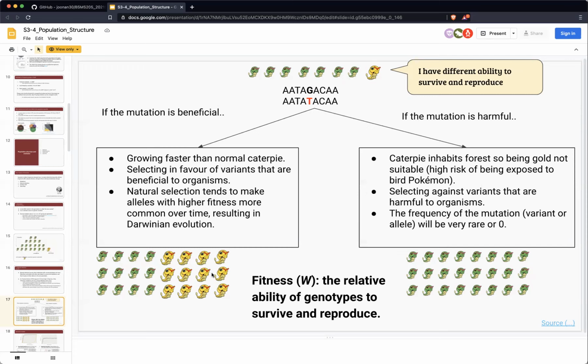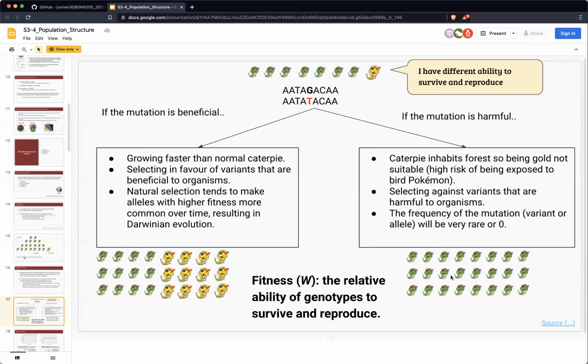But if this mutation is harmful, that means this mutant does not survive so easily, exposed to the bird like Pokemon, then this shiny caterpillar will be removed from the population. So after a few generations, we're not going to see individuals with that trait, and we only see the normal caterpillar.